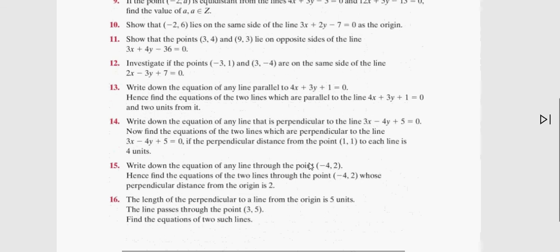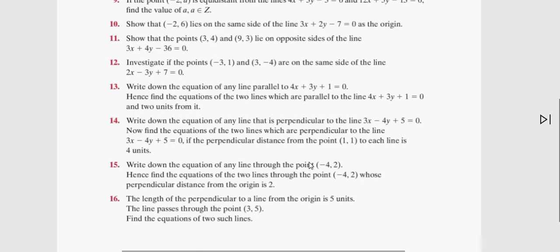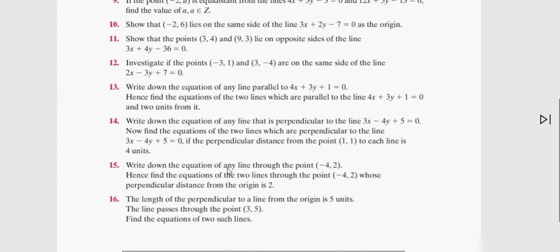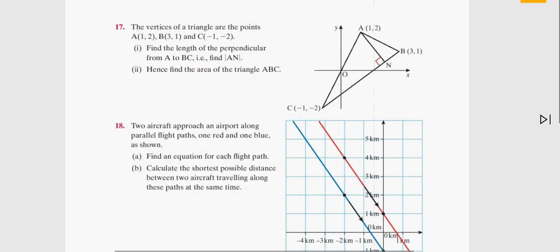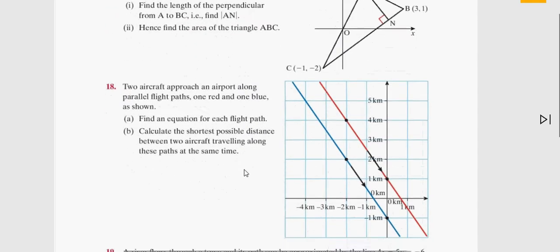No. Alright. So would you agree question 15 is a lot like 16 from last night? You use m as the slope and you do the d formula equals 2. Is that alright? 15's a rip off of 16. You're doing question 15 tonight. That's your first one. 15. Okay. Any idea how to do question 18?